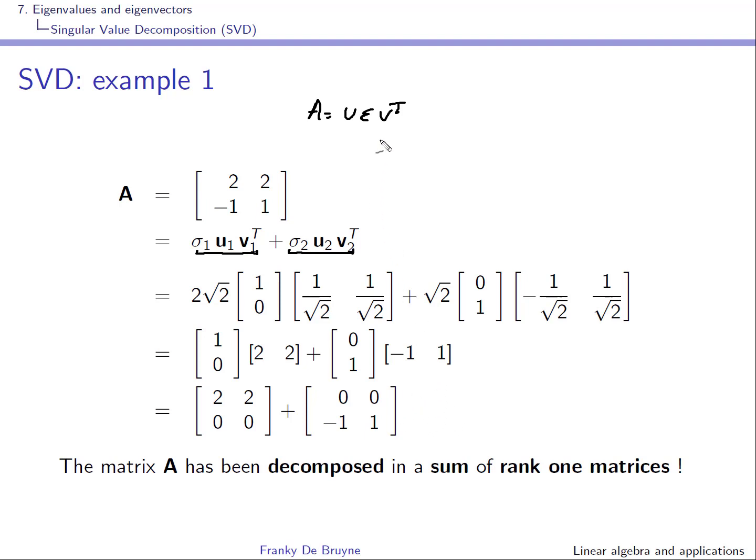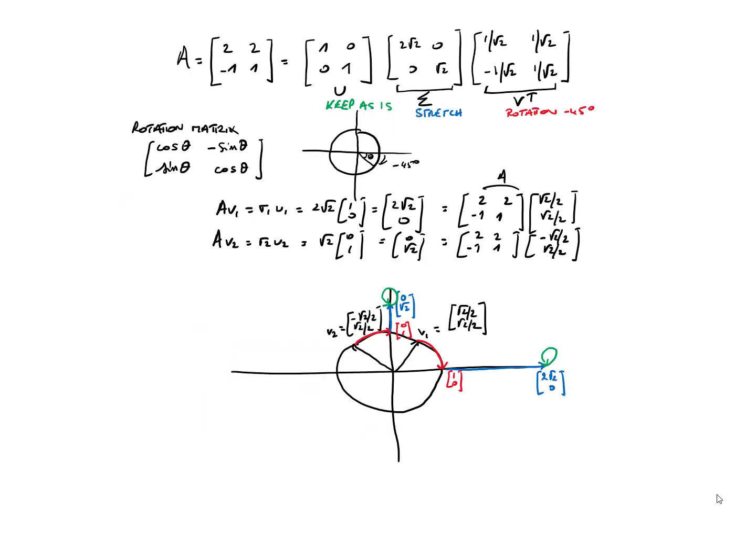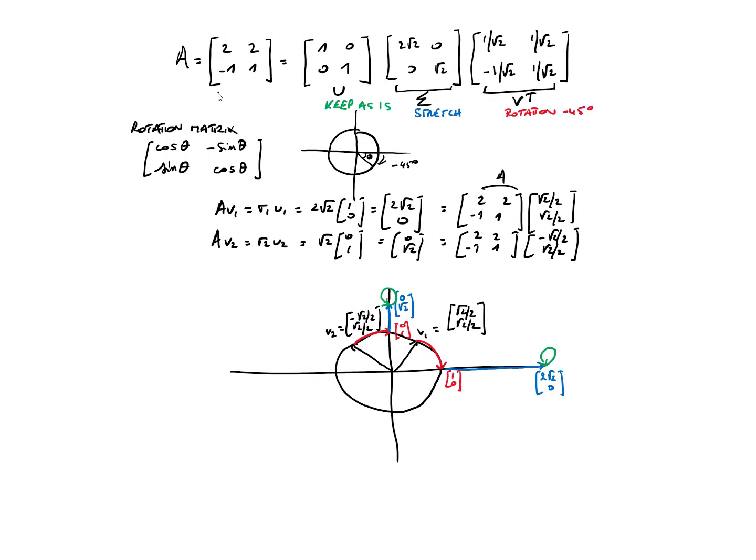There is something that we have not done yet, and I would like to do now, which is to look at the geometrical interpretation of this decomposition of the matrix A. So here we have rewritten the singular value decomposition of the matrix A, right?